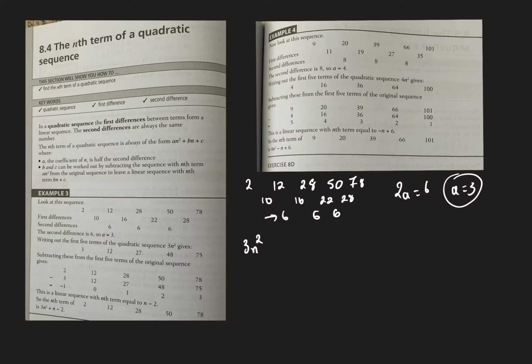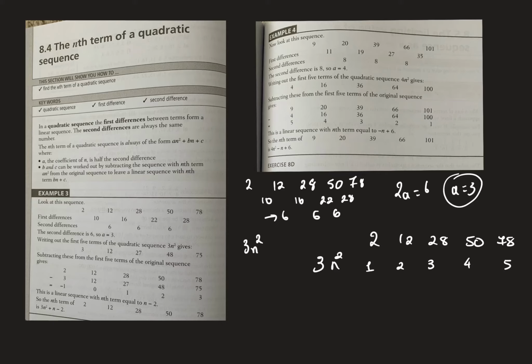Your table is going to have, first of all, the numbers in the sequence. So n, if n is equal to 1, n is equal to 2, n is equal to 3, n is equal to 4, n is equal to 5. Okay? So what you're trying to work out is 3n squared.